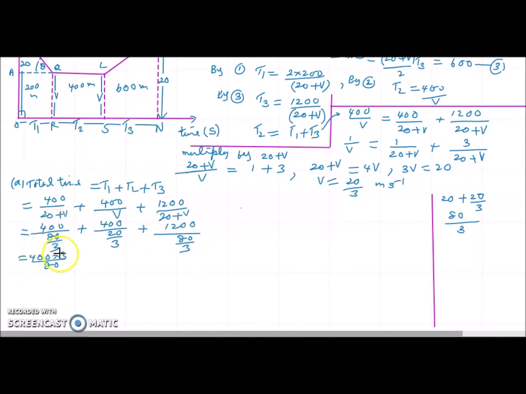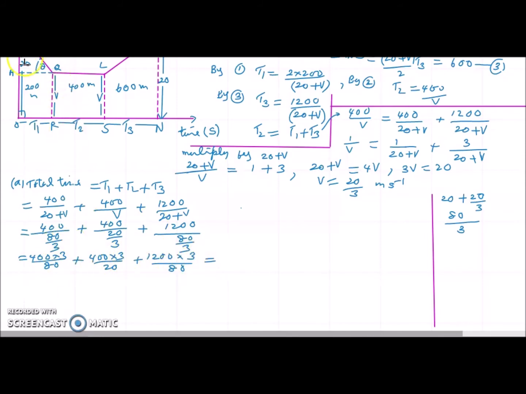This is equal to 400 into 3 by 80 plus 400 into 3 by 20 plus 1200 into 3 by 80. We have to simplify this. Now 3 into 400 by 80 is a common factor.